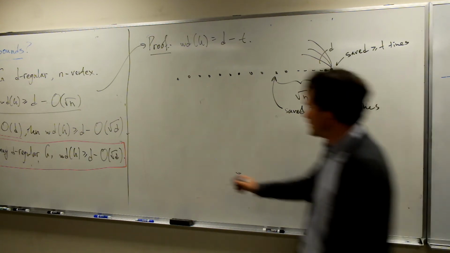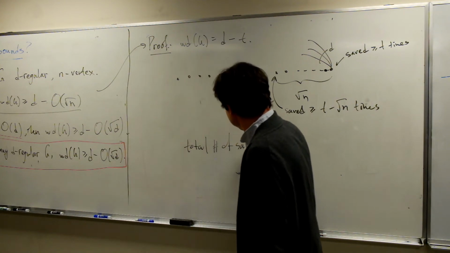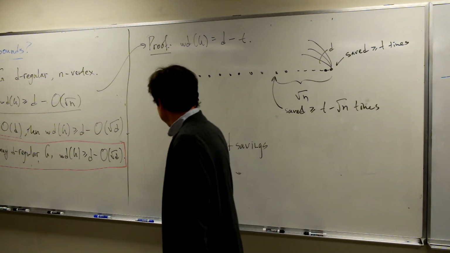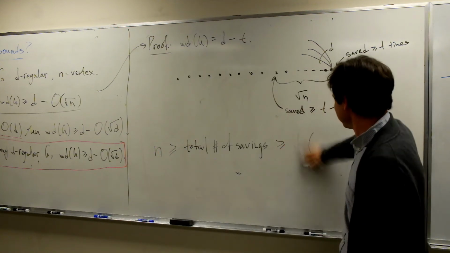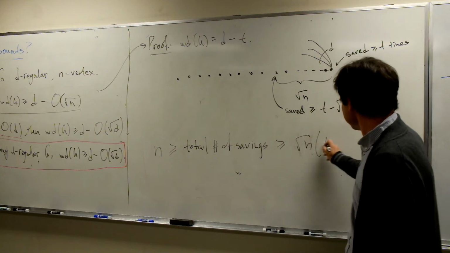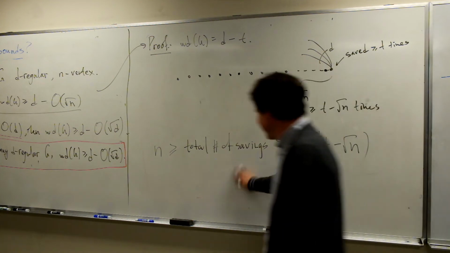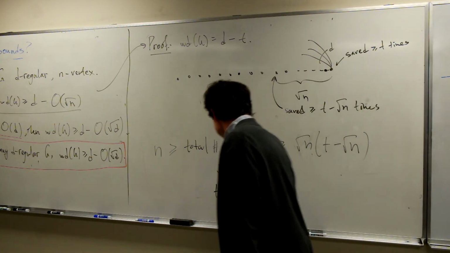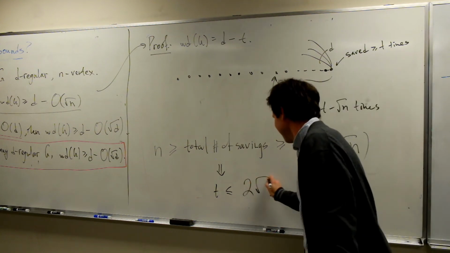So the total number of savings is certainly at most n, but it has got to be at least root n times t minus root n. And from this something follows: t is at most, what do we get? 2 root n. Okay, great.